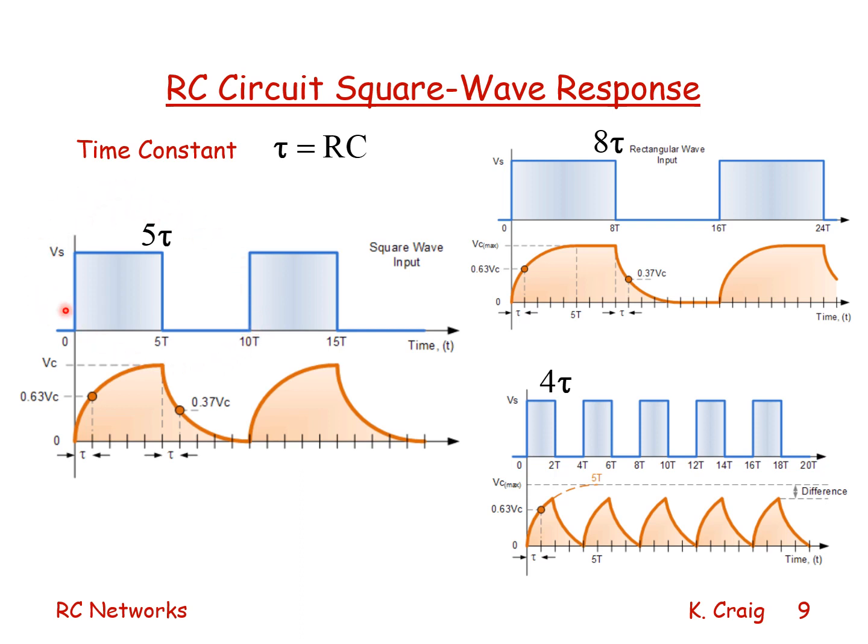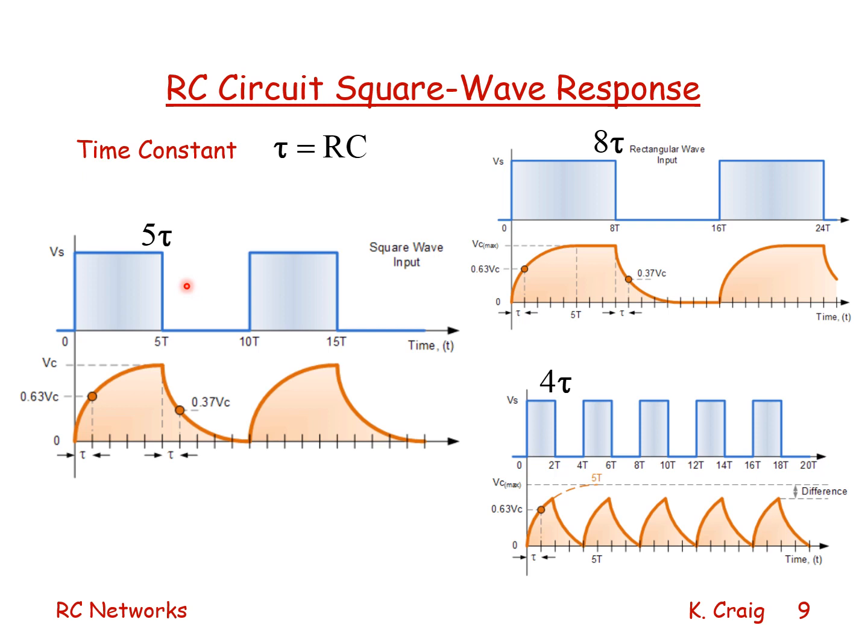And the period of that cycle is twice 5 tau, or 10 tau. So if the period is 10 tau, then in half of that period, the capacitor will charge, and it will charge fully, and then it will discharge fully. So you see the response, charging, discharging.